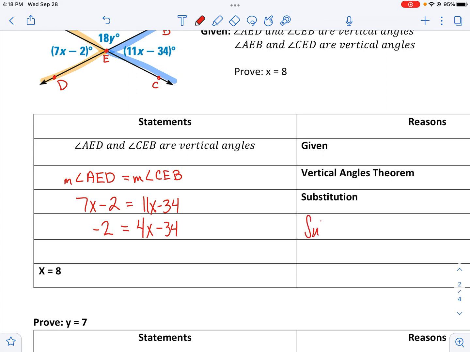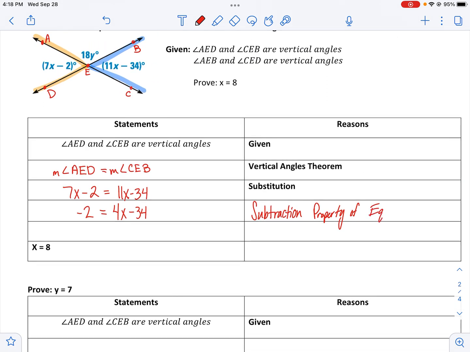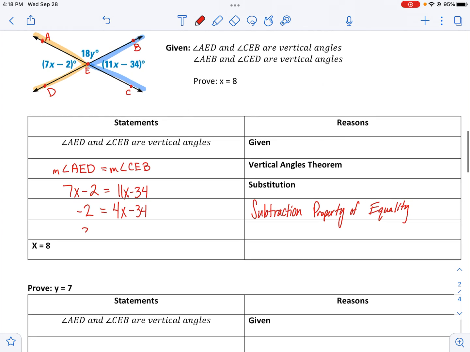So I would use my subtraction property of equality, and then my addition property of equality, and this problem becomes a little bit more interesting because I'm going to need an extra space here.